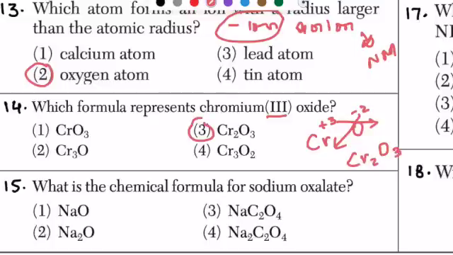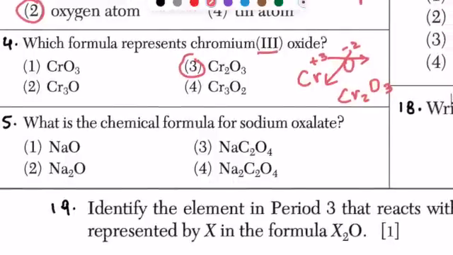Then what's the chemical formula of sodium oxalate? Sodium we know is an element that has a charge of +1, but oxalate is not ending with IDE. When something doesn't end with IDE, that is a pretty good indication that this is most likely not just an element. This could be a polyatomic ion.